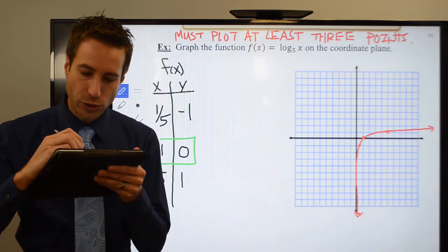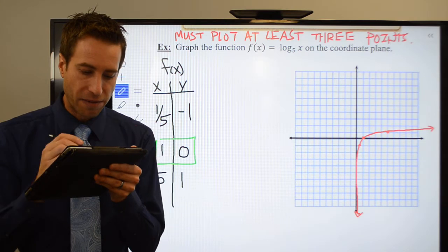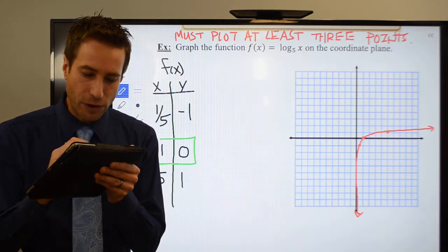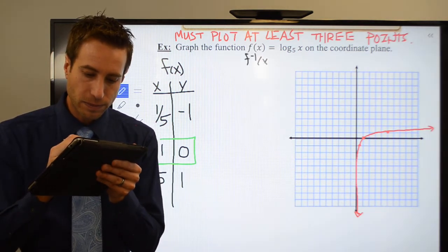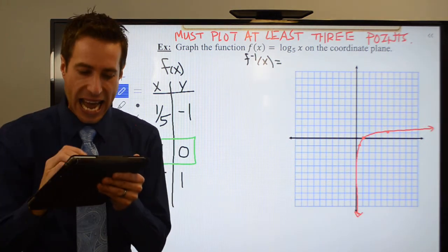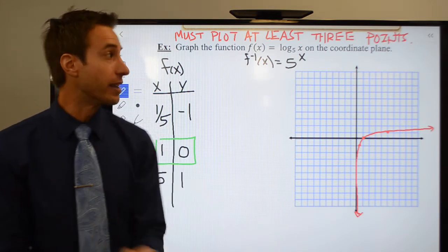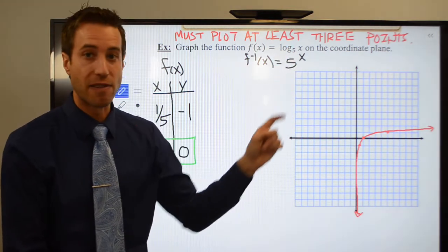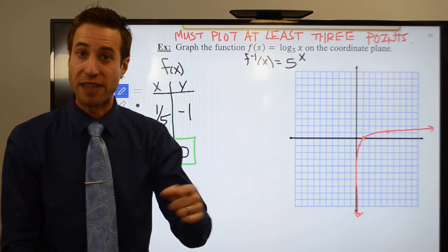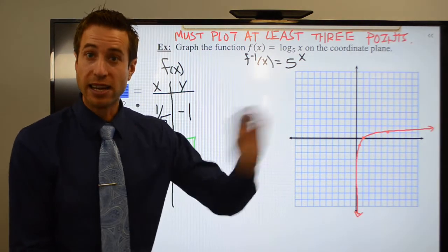So I'm going to go ahead and do the good old snail method. And here's what I'm going to find. The inverse function would be 5 to the x power, right? If the logarithm is log base 5 of x, the inverse of that would be an exponential base 5 raised to the x power.